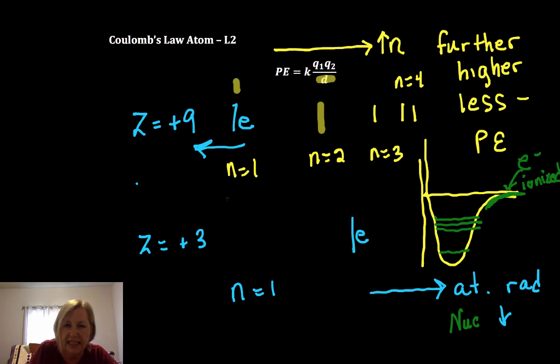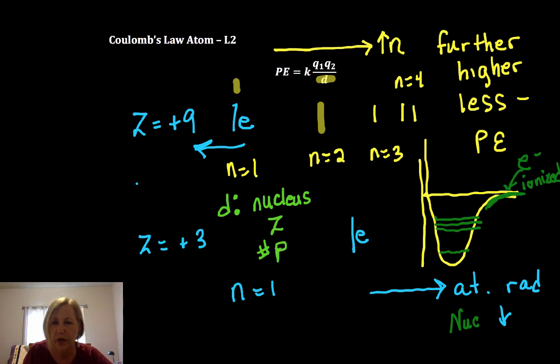In this case, our distance is between the nucleus with its nuclear charge, which at a first introductory level you can think of as the number of protons. It gets a little complicated, but that's a story for another video. You're looking at the distance between the nucleus and a particular electron. So make sure if you're going to apply Coulomb's law that you define that term.